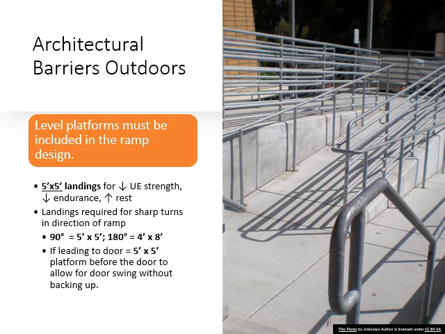So those landings are critical. Those also need to be at least 5 by 5 feet wide to allow for the wheelchair to turn. They're so important to help the person propelling themselves up the ramp to take a rest, to give themselves a break, to catch their breath, right, and to start again.